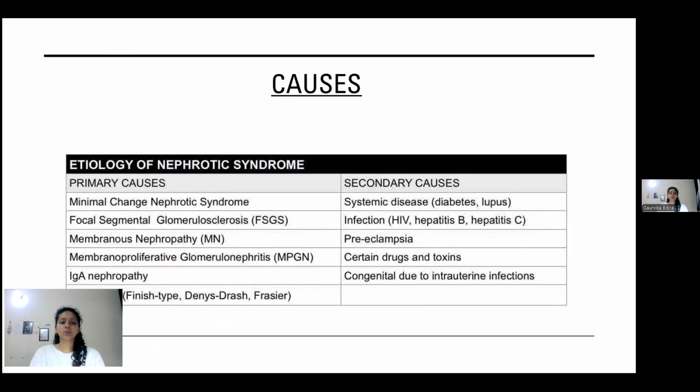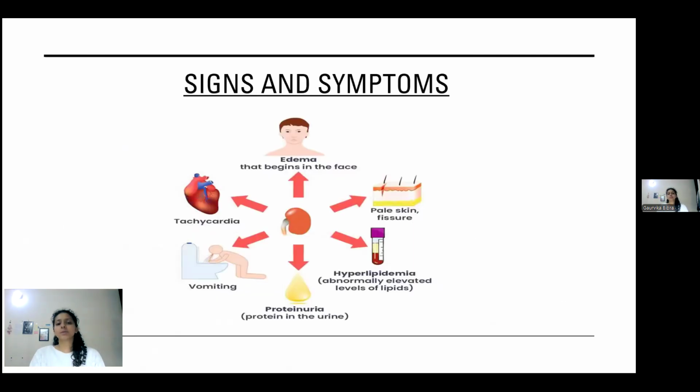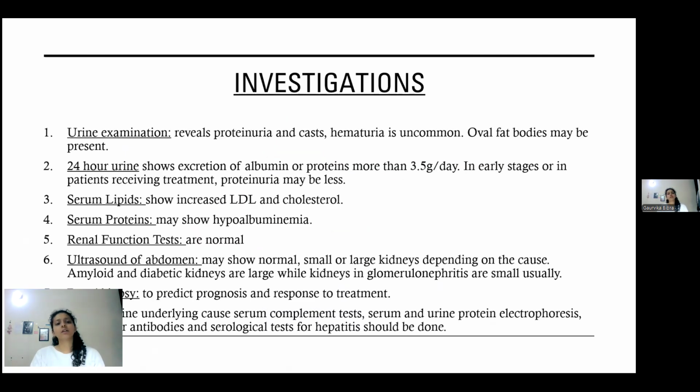Causes: primary causes include minimal change nephrotic syndrome, focal segmental glomerulosclerosis, membranous nephropathy, IgA nephropathy, membranoproliferative glomerulonephritis, or hereditary causes. Secondary causes include systemic diseases such as diabetes, lupus, infections, preeclampsia, certain drugs and toxins, and congenital causes. Signs and symptoms: edema that begins in the face, tachycardia, vomiting, proteinuria, hyperlipidemia, pale skin and tissues.